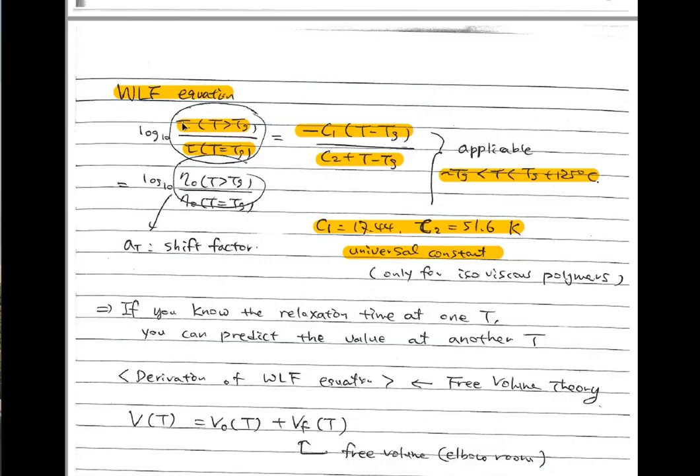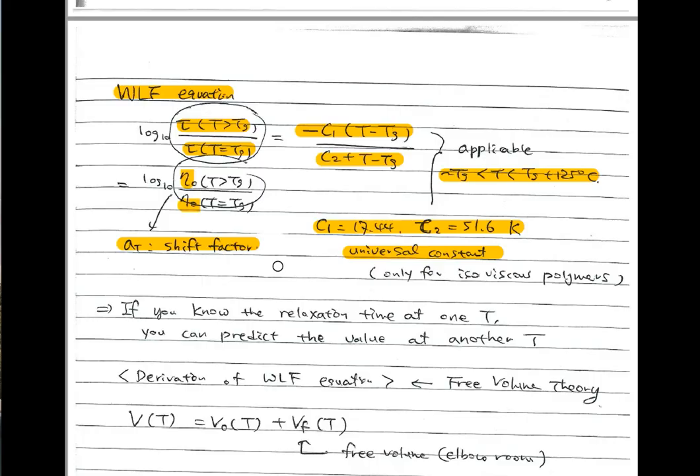And this relaxation time scale is proportional to the viscosity, which can be measured using viscometry. The ratio of tau, the ratio of viscosity at different temperatures, is called the shift factor and denoted as A sub T. This is the shift factor that we want to find based on this master curve.